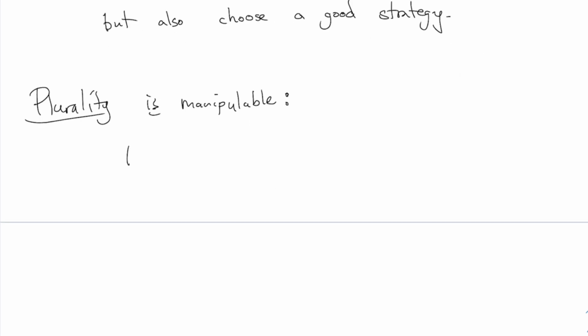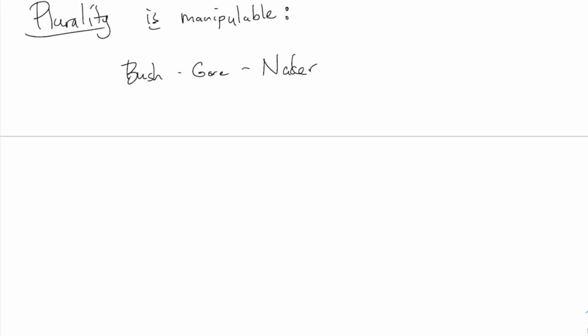Let's look at the Bush-Gore-Nader election, because this is a simple example in which a manipulation would have led to a better outcome, better from the point of view of the voters who are making this manipulation. If you remember, the Bush-Gore-Nader election looked like 2.9 million said Bush-Gore-Nader, 2.9 said Gore-Bush-Nader.